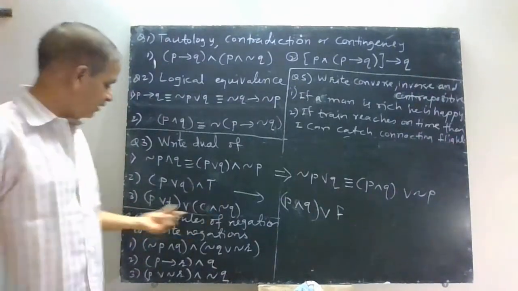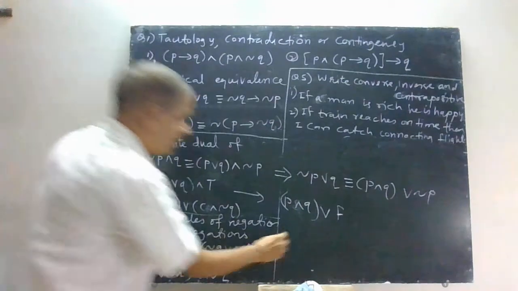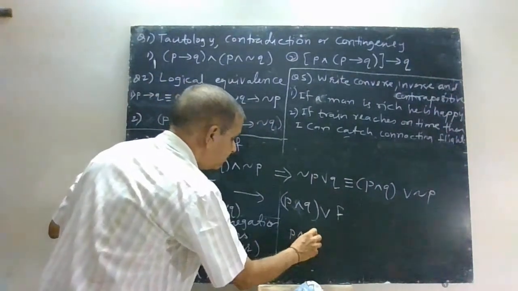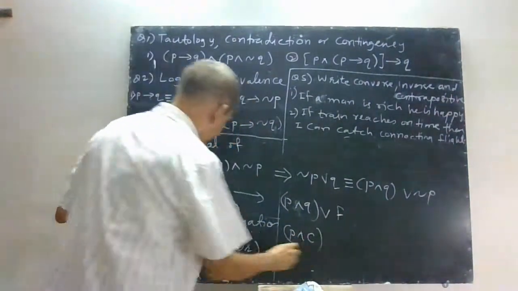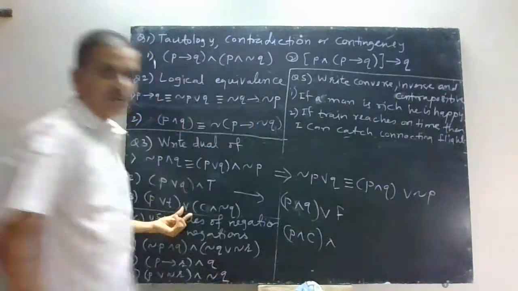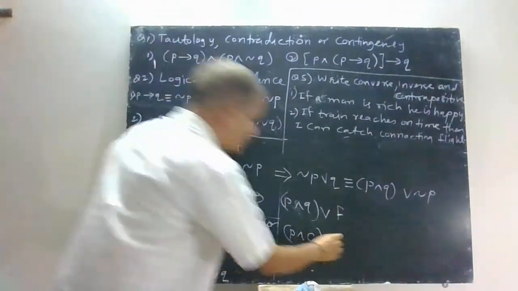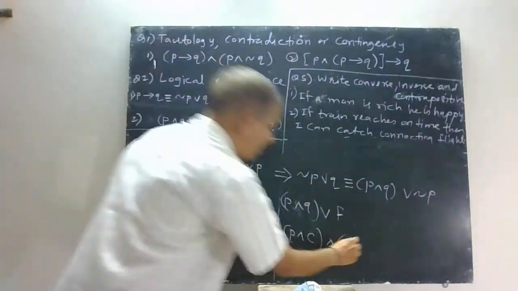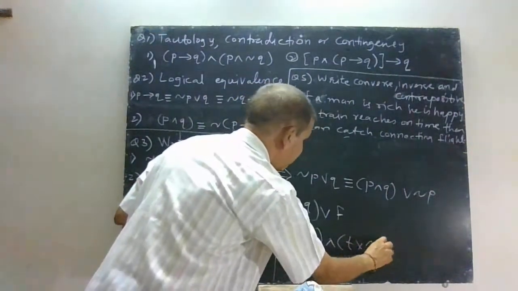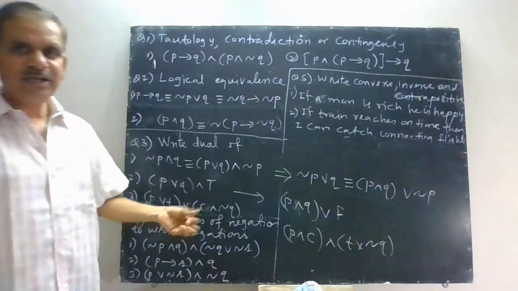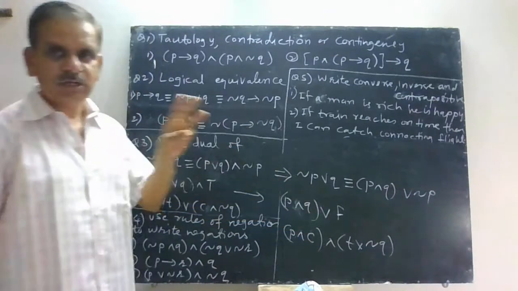Now see the third one, P or T. You will write it as P and, instead of T you will write C, and so on, or negation of Q.